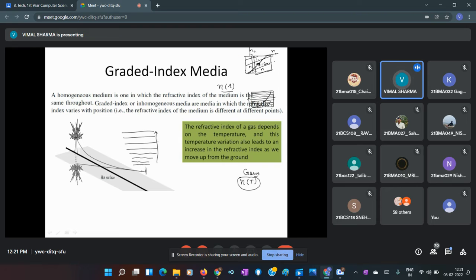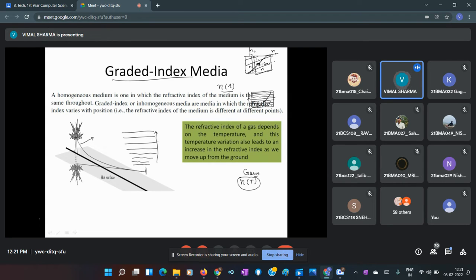Then you can see continuous bending of light, and this is due to this type of medium, which is called a graded index medium.